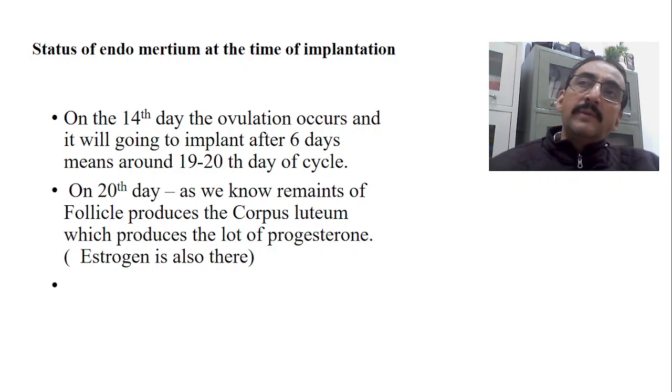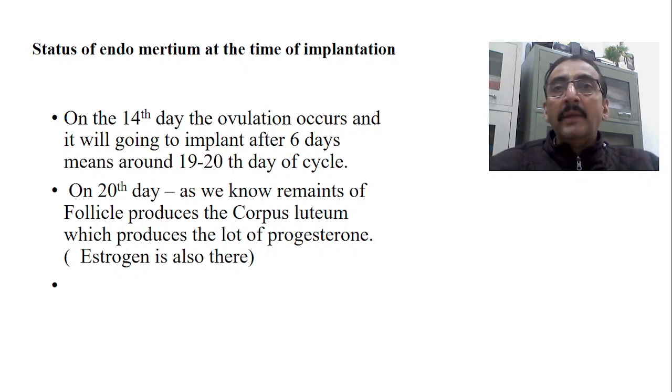Now what actually happens is, as we know, during the time of ovulation itself, changes take place in the uterus. The uterine endometrium undergoes changes and there is formation of three layers: the compact layer, the spongy layer, and the basal layer. The basal layer will always remain there.